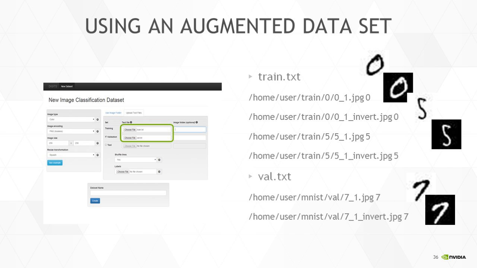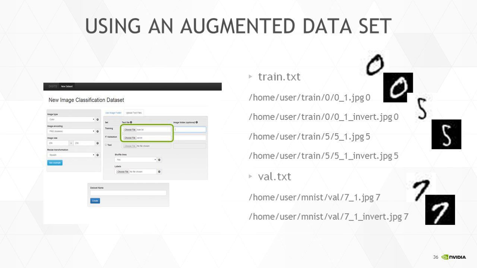So if you augment your data, you can still use DIGITS for it. One thing to keep in mind is when you augment your data, you'll have this whole data set, right? In some cases, in the example here, I have two versions of each image. I have my original, and then I have an inverted copy.